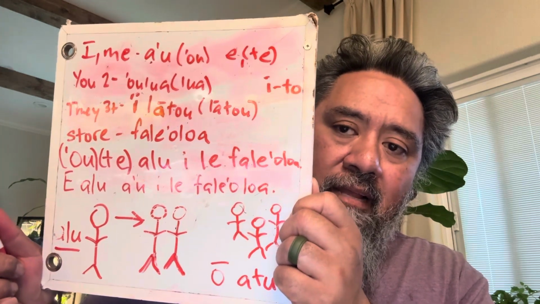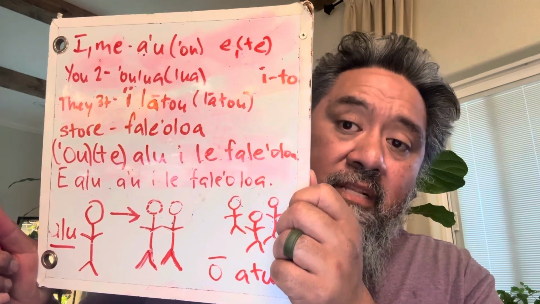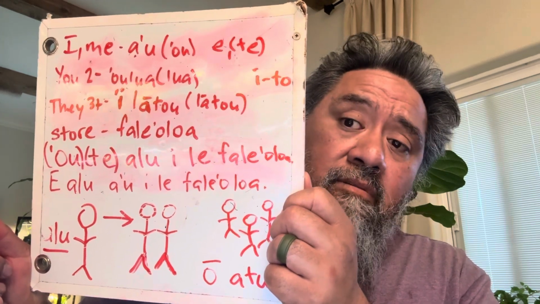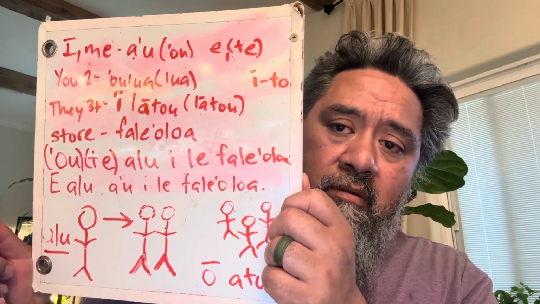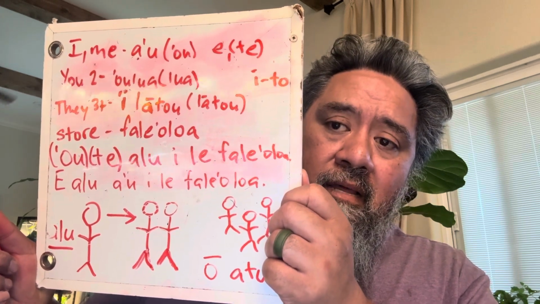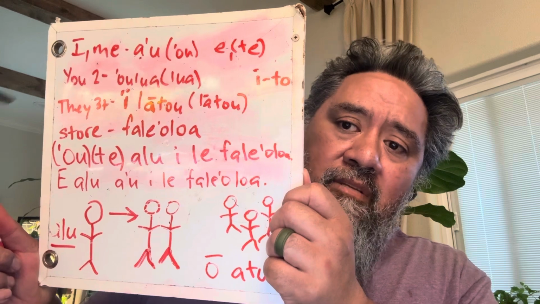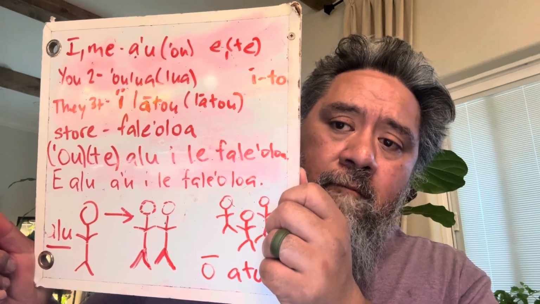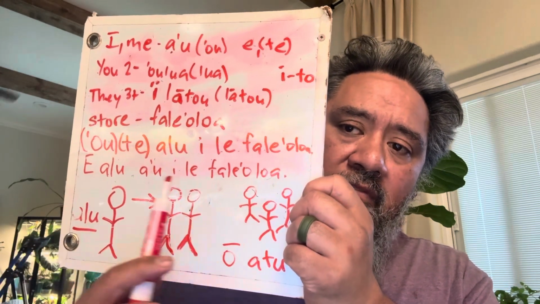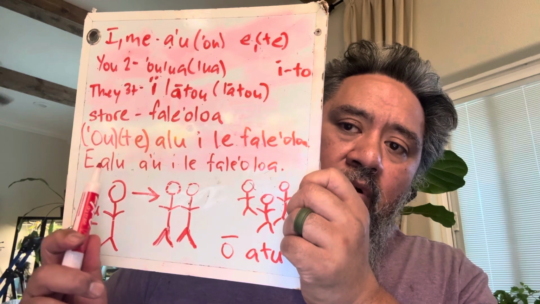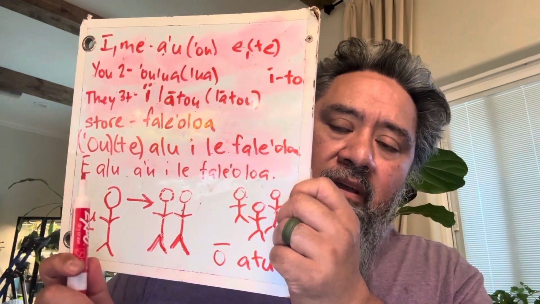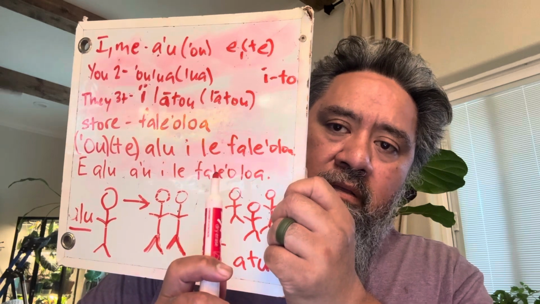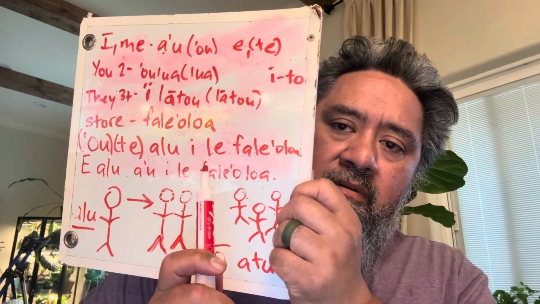So you can state that, lātou te o atu ile faleoloa, right? They go to the store. Or you can say it again in the long form. E o atu i lātou i le faleoloa. Right? E o atu i lātou i le faleoloa.